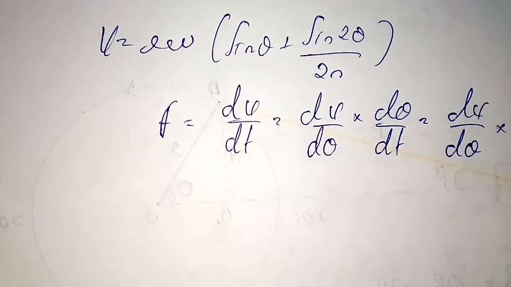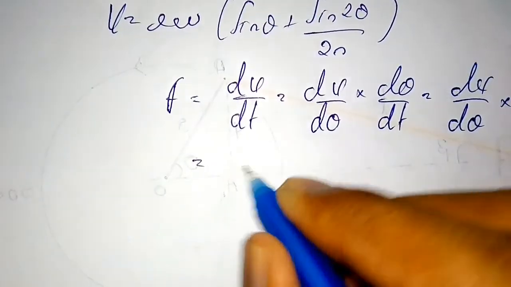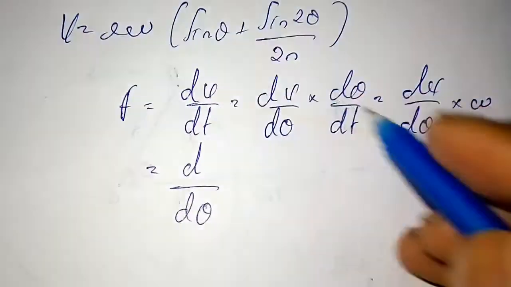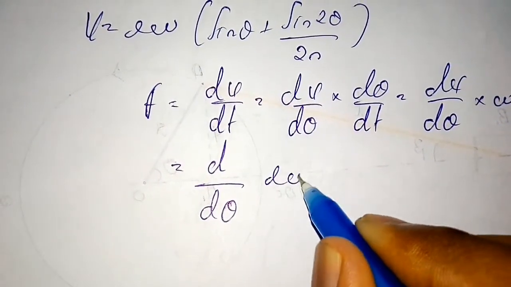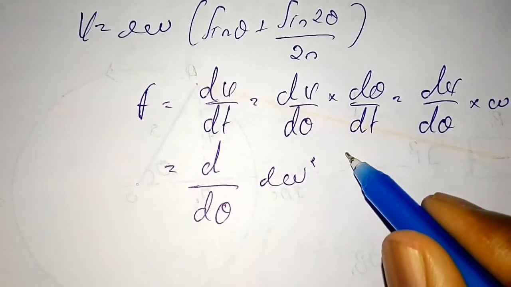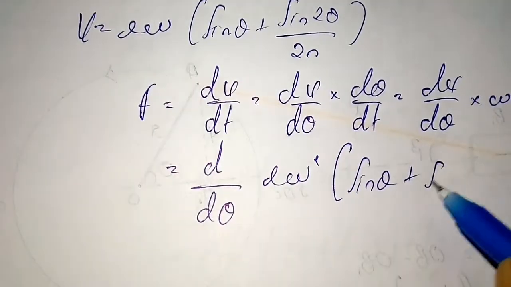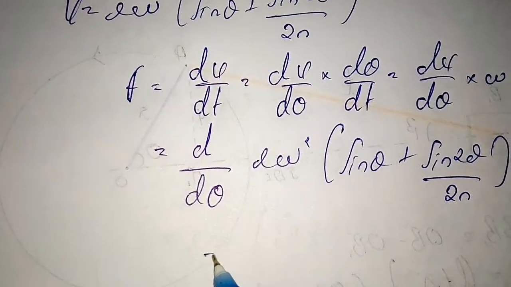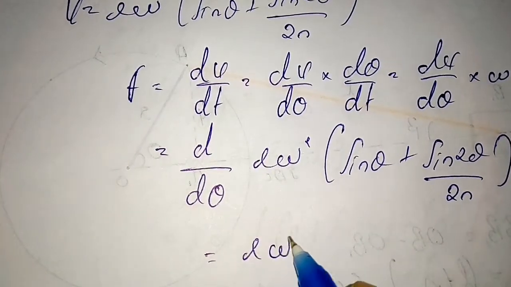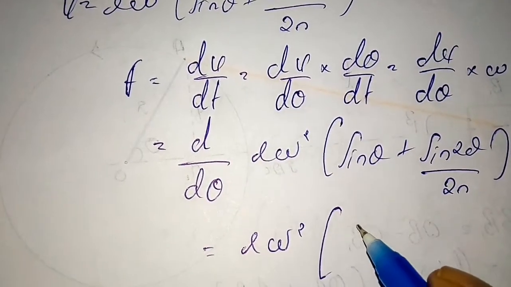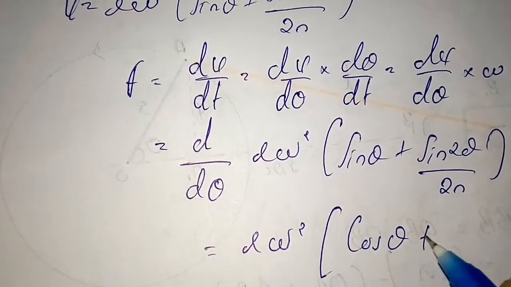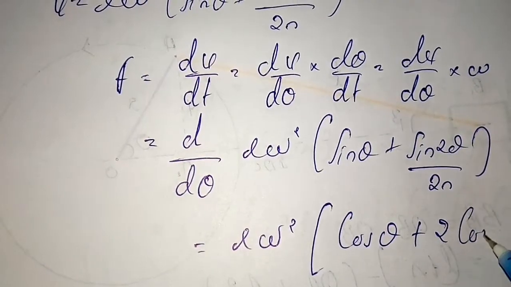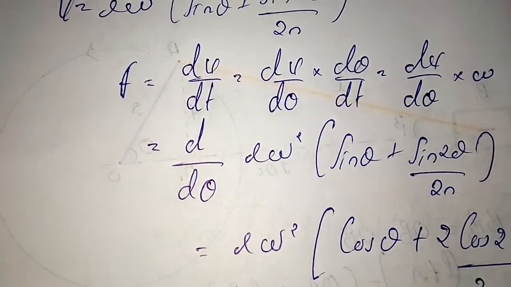So we can write the acceleration as d by d theta of r omega into omega, which is omega square, into sine theta plus sine 2 theta by 2n, which is equal to the derivative of sine theta, which is cos theta, plus the derivative of sine 2 theta, which will be 2 cos 2 theta, divided by 2n.